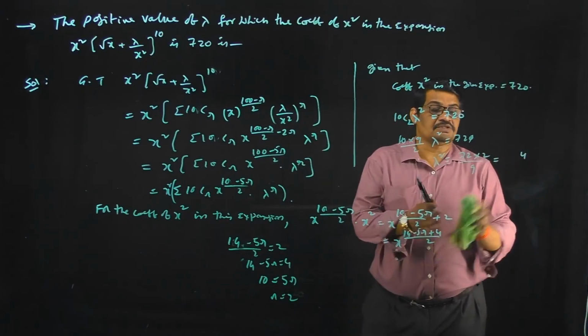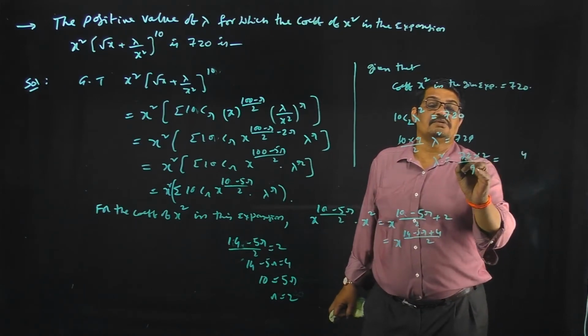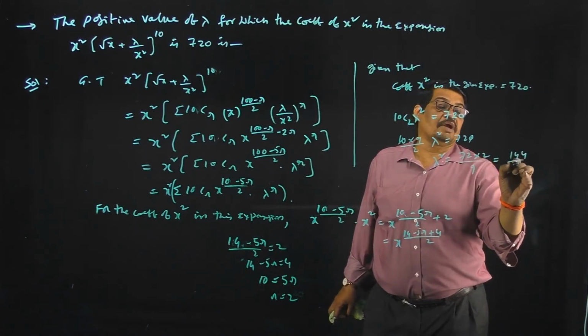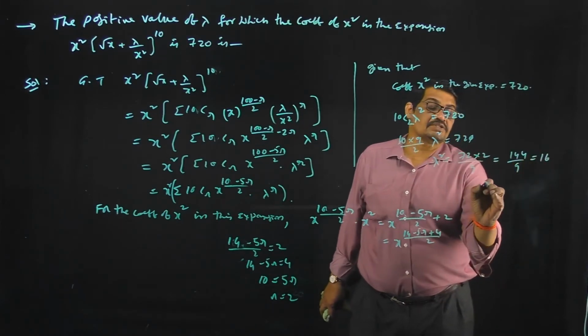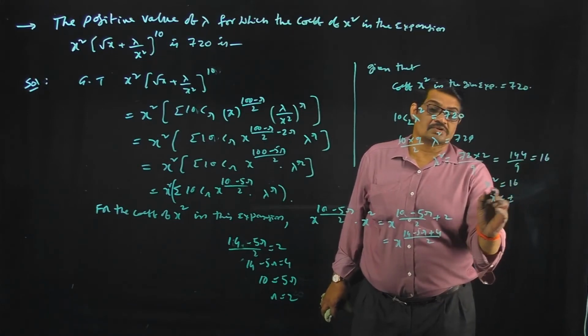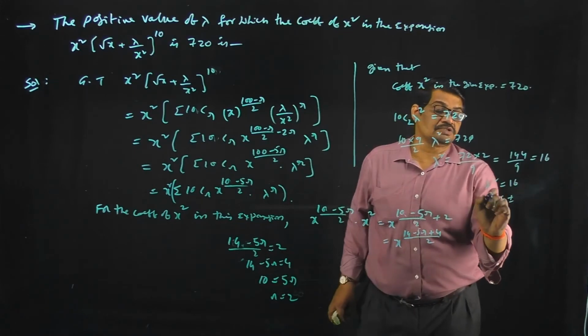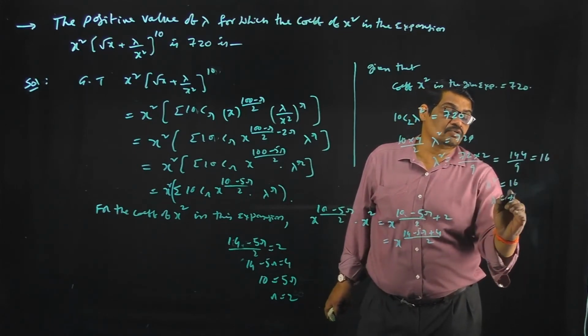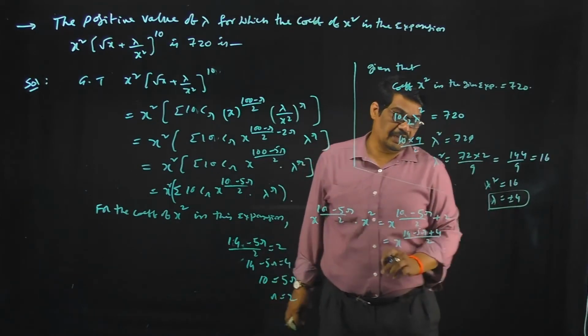Sorry, it is 9. 2 into 2 is 4. 7 2s are 14 by 9. So that is 16. So lambda square is equal to 16. Lambda is equal to plus or minus 4.